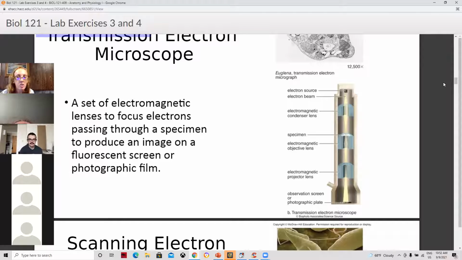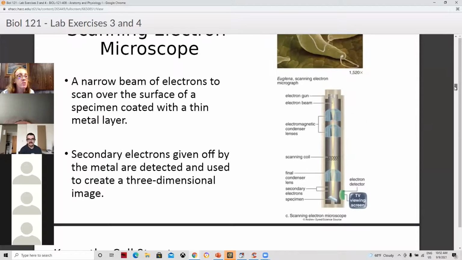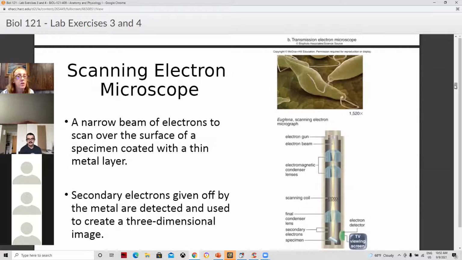The scanning electron microscope allows you to see really good surface details, but you can't see anything inside the specimen because the electrons are not going to pass through the specimen. They're going to bounce off the surface.